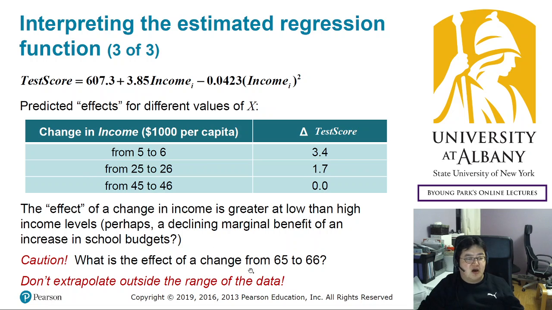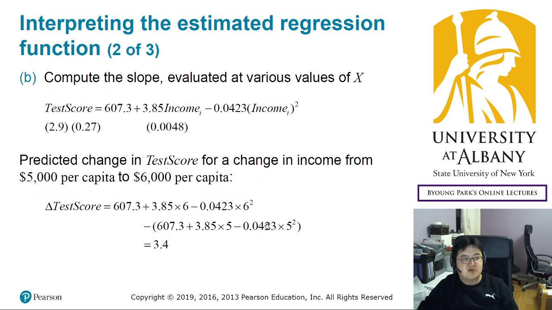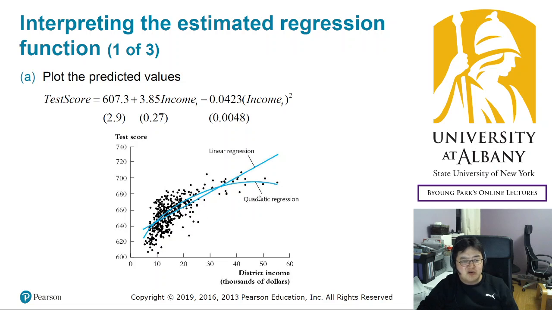So you may try this, but one important problem here is that it is a quadratic regression. A quadratic function looks like either a U or an inverse U shape.